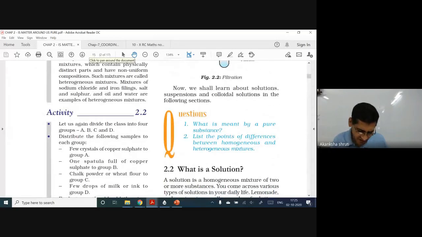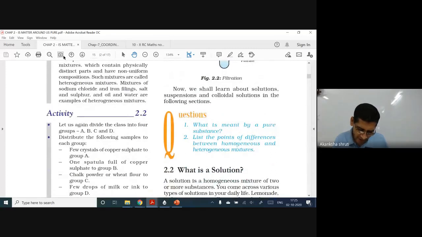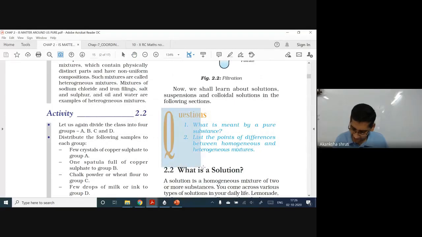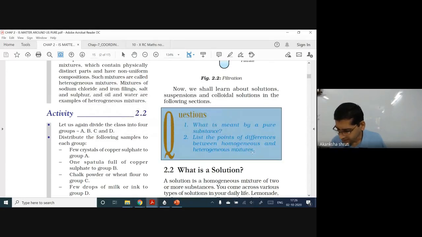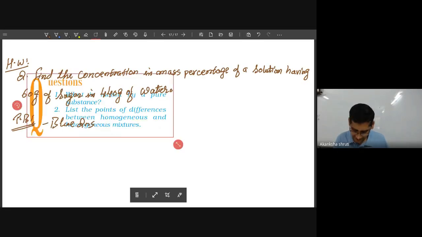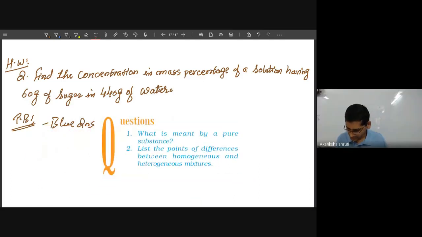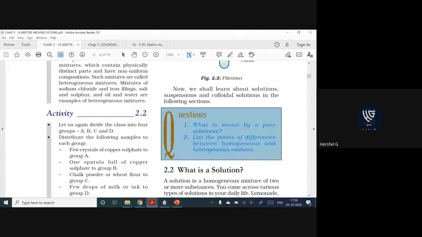Homework done. Okay, both 1 and 2 you have done? Question number 1 I had given earlier, but 2 I had not given because I had to explain what is homogeneous, heterogeneous, and last day I had discussed this. So you please do it at least today. If you have done it, it is very nice. If not, then please do it. Okay, sir.